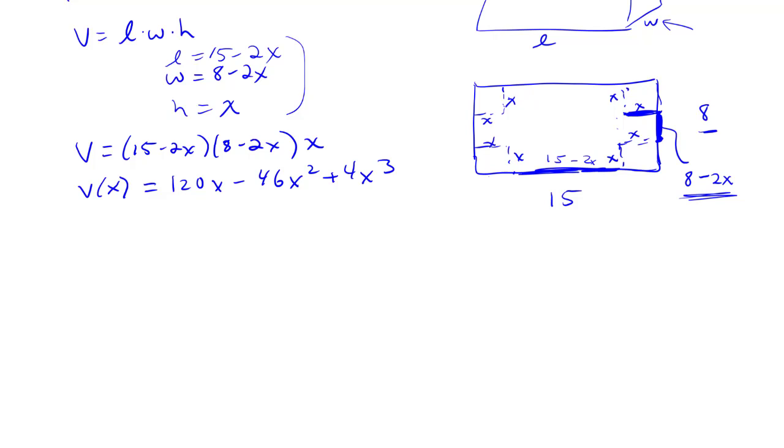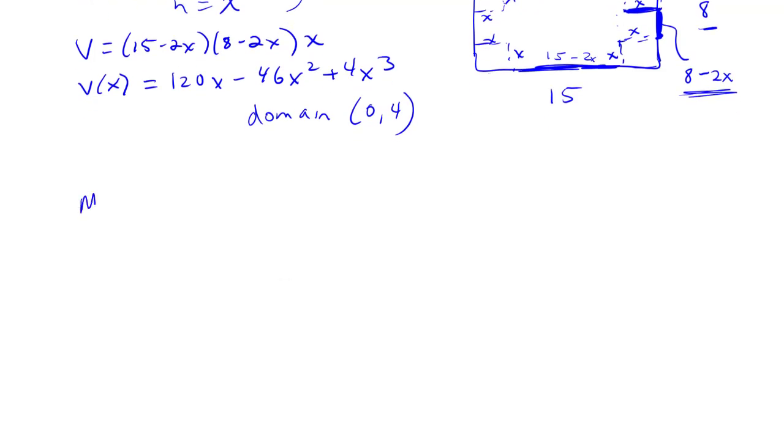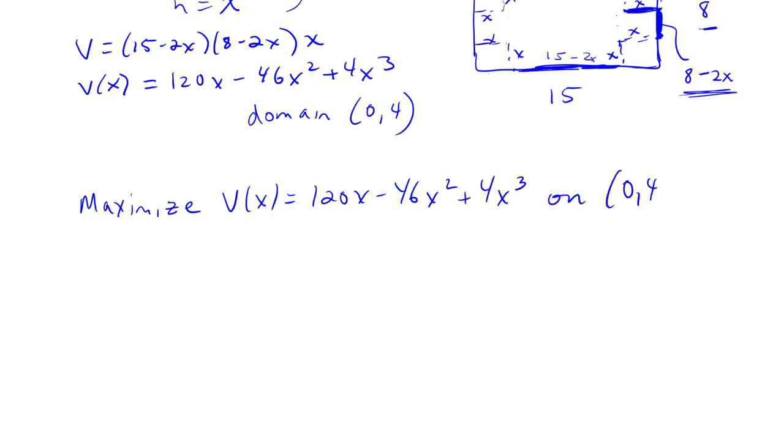That would get to 0 when x is 4, so I can't get to 4, so I need a domain of really 0 to 4. So I just want to maximize V of x is 120x minus 46x squared plus 4x cubed on 0, 4.